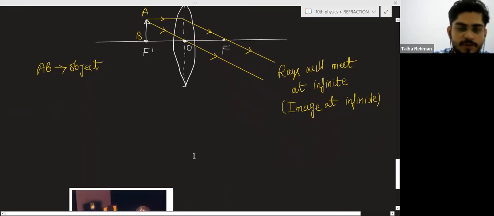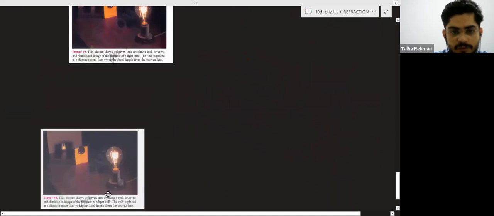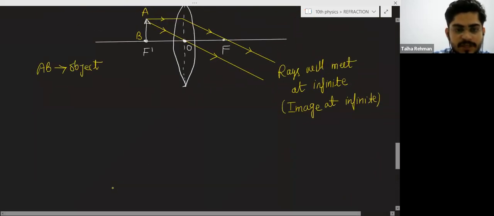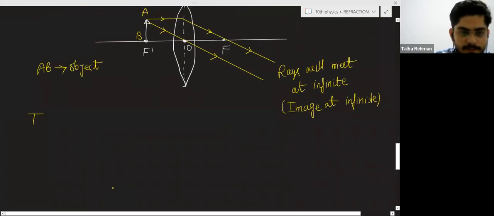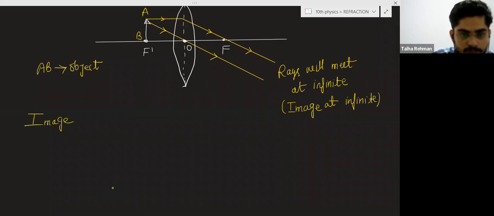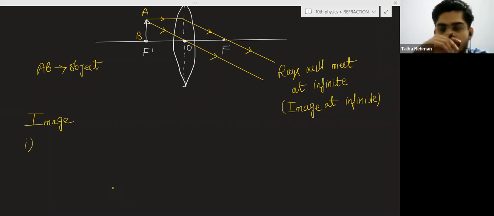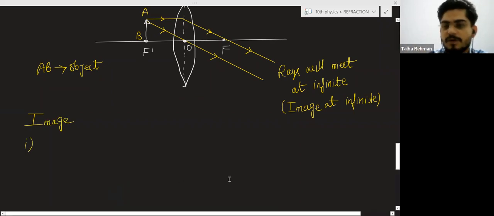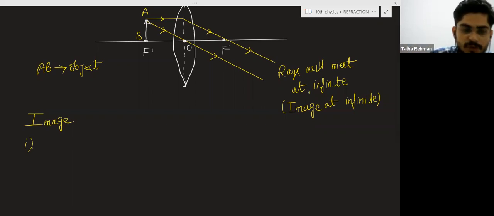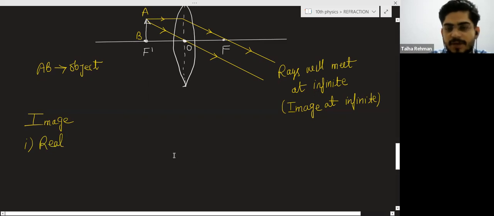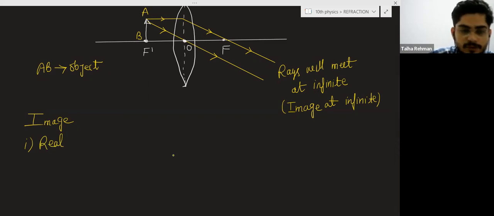So now talking about the image, what are the nature, location and size? Number one, as the rays will actually meet at infinite, we can say that the image will be real, and if the image is real, then it is inverted also.